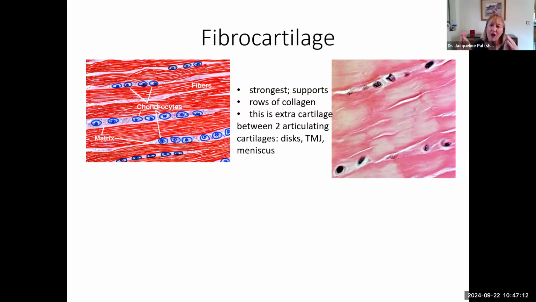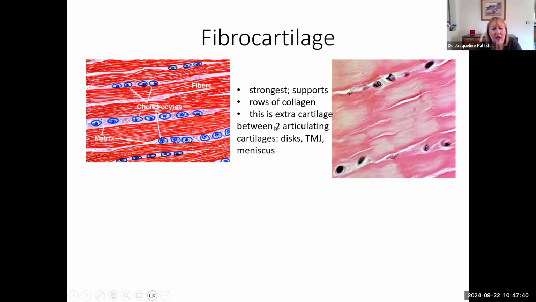It means at that articulation where you have a bone coming in, you still have your hyaline cartilage, and then you have a piece of fibrocartilage. And then the other bone has hyaline cartilage where there is that fibrocartilage. So you're going to have bone on both sides, articular cartilage, and then a piece of fibrocartilage.